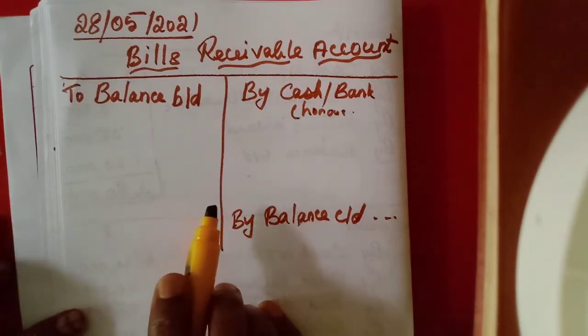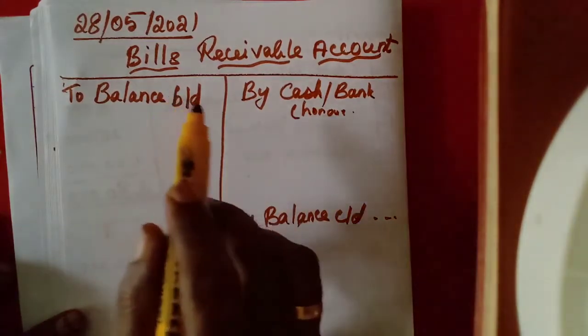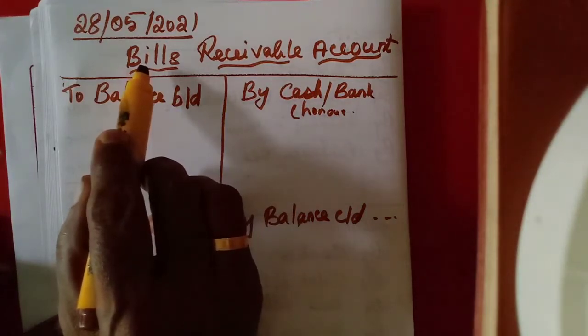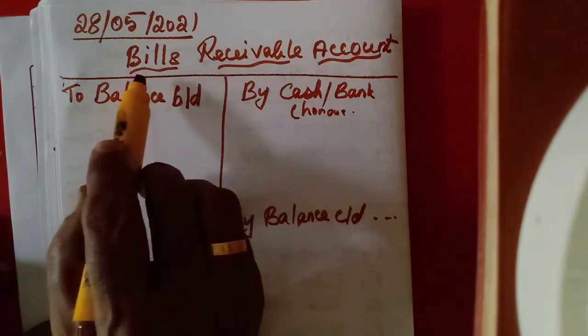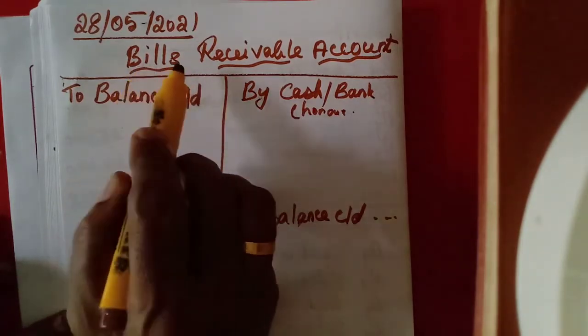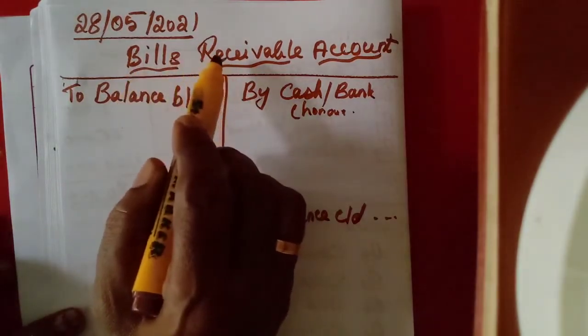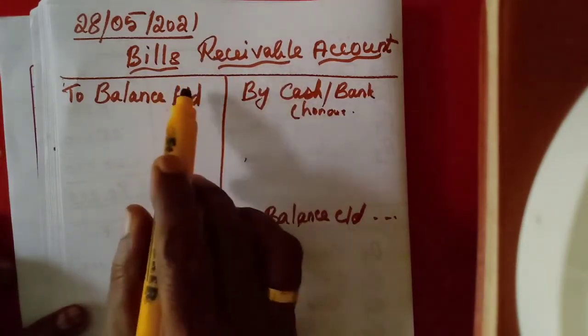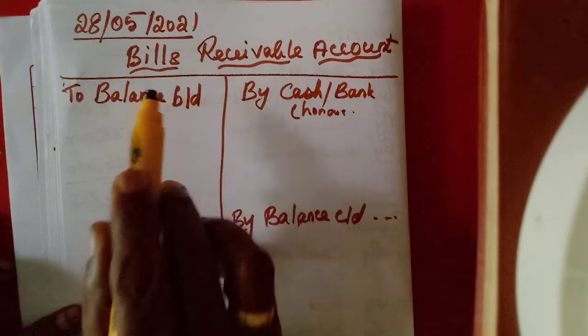So for that entry we have to again debit the sundry debtors account to bills receivable account. When we receive bills we credit their account, and we debit this account. So if it is dishonored, then we should write the reverse entry. Again we have to make their account debit.